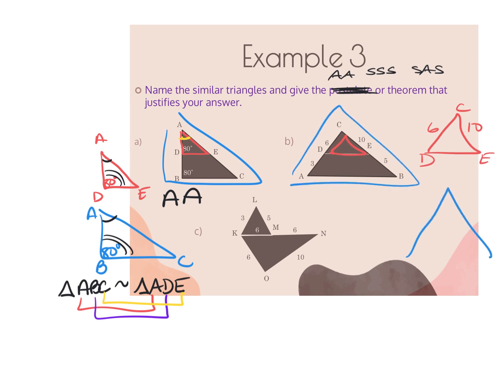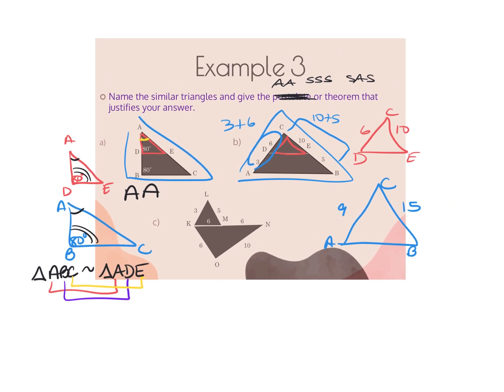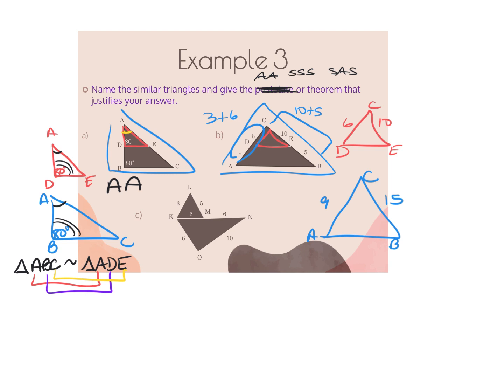Now, notice to find the length of this, I have to add 3 plus 6. So this will have a length of 9. And then over here, to find the length of BC, I'm going to add 10 plus 5, and it has a length of 15. So now I'm going to look for the sides to be proportional.